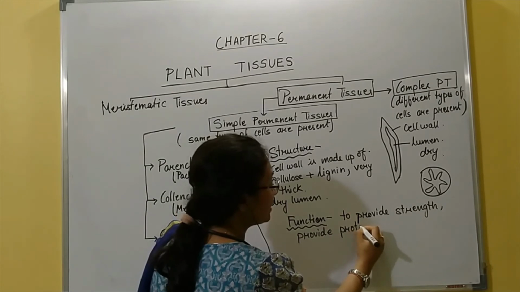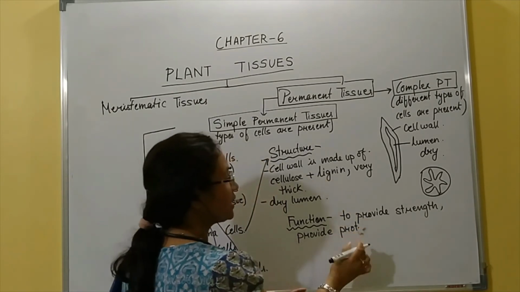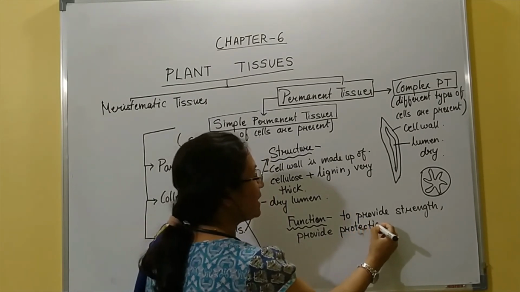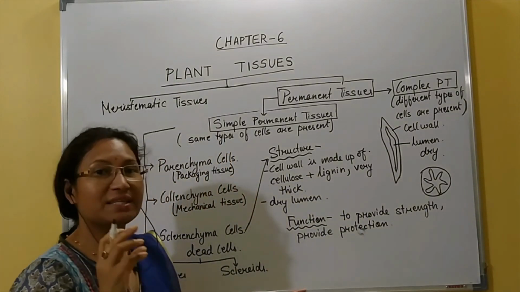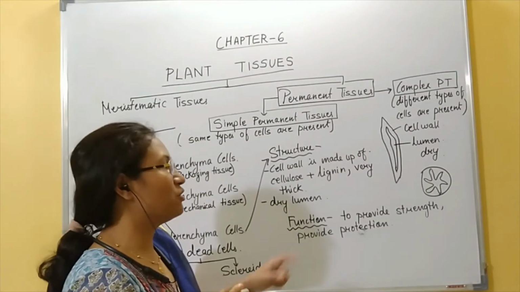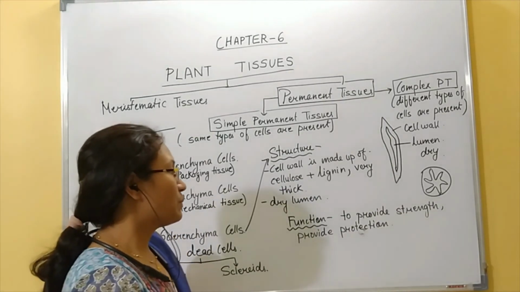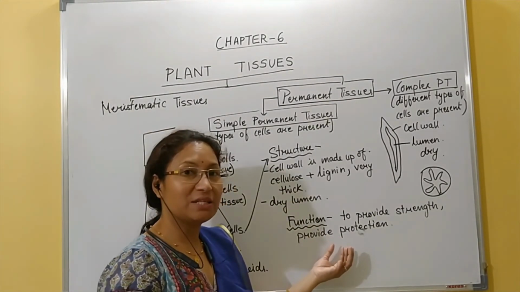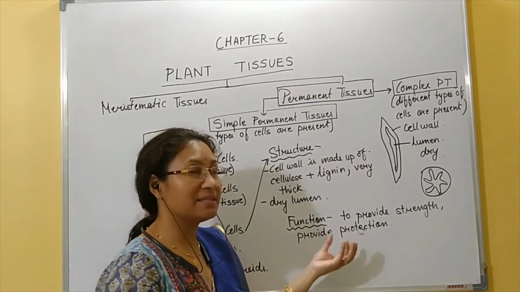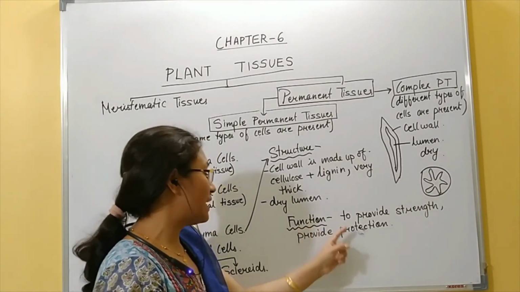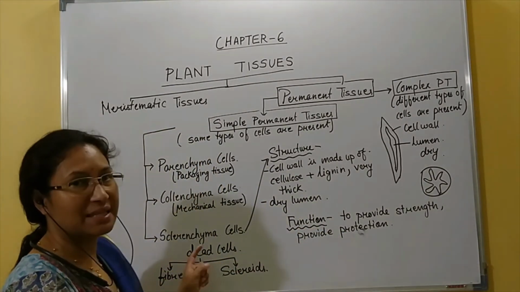For example, protection will be required by the embryos, is it not? That's why the seed is coated with this kind of sclerenchyma cells, because the embryo inside the seed will require a lot of protection. So nuts and seeds will have a layer of sclerenchyma cells around them as a seed coat.